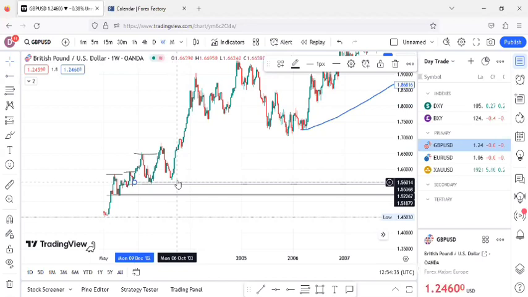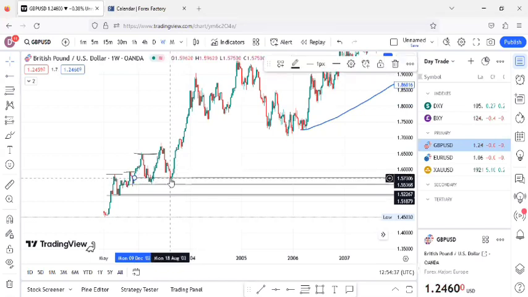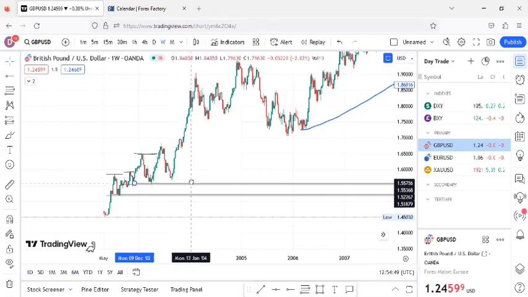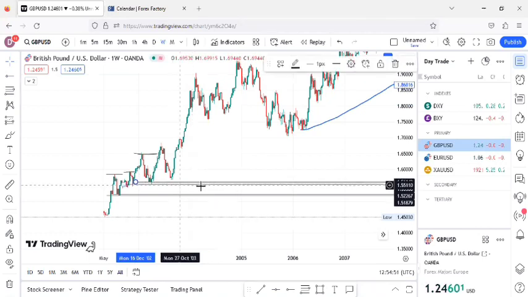If you make your decision from here, price can still come down as low as this place and even break. Making your decision from here gives you a higher risk, but making your decision from here will give you a lower risk.